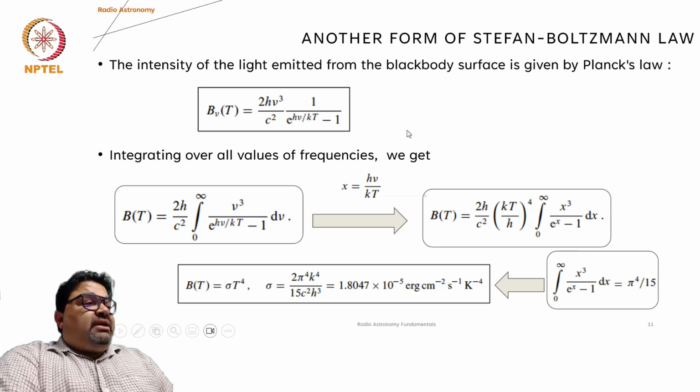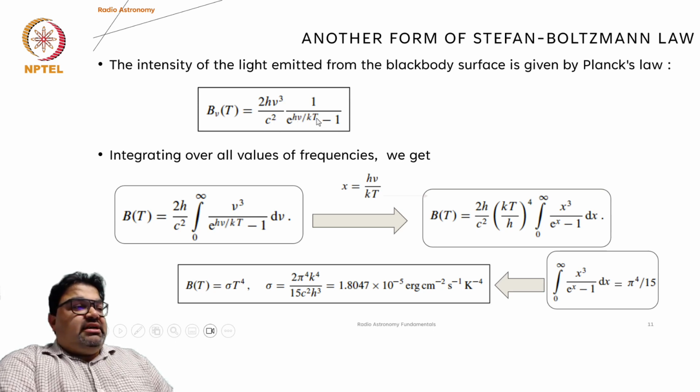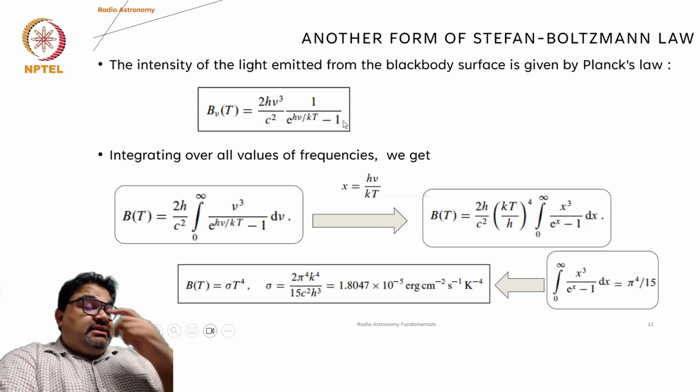So we go back to Planck's spectral radiance function, B_ν as a function of temperature T, which is 2hν³ over c² times 1 over e to the power hν over kT minus 1. This is Planck's law.